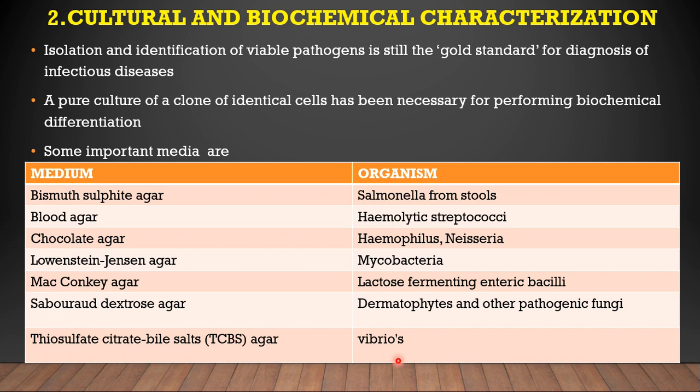Along with that, we have Skirrow agar, used for Helicobacter pylori, and Campylobacter agar, used for Campylobacter. Then cysteine tellurite agar for Corynebacterium diphtheriae. Like this, we have several media for the cultivation of different types of organisms.